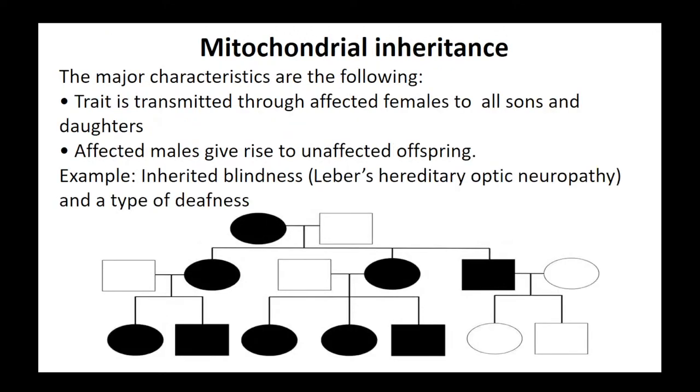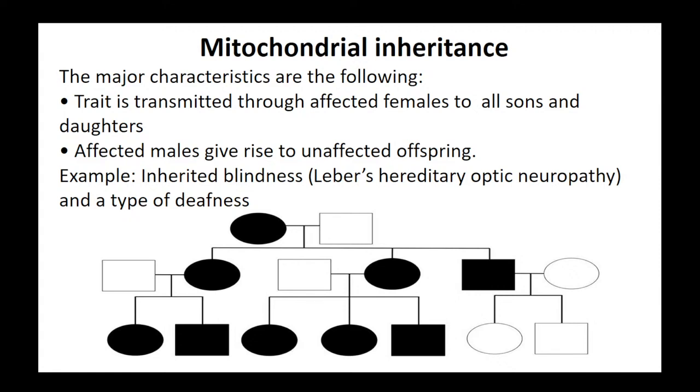The next and last type of inheritance is mitochondrial inheritance. This is inheritance of genes which are present in mitochondria. So we can see that male and female can be affected.